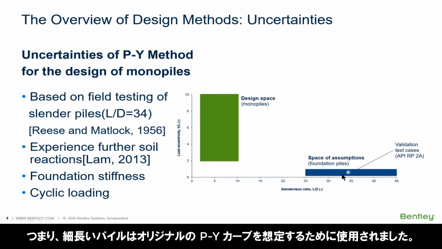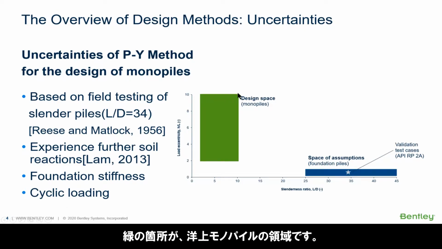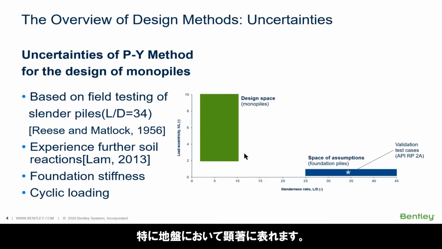Slender piles were used to infer the original PY curve. But the monopiles of offshore wind turbines are not slender. The green part here indicates the region of the offshore monopiles. This geometrical difference causes many other differences, especially in soil reactions.